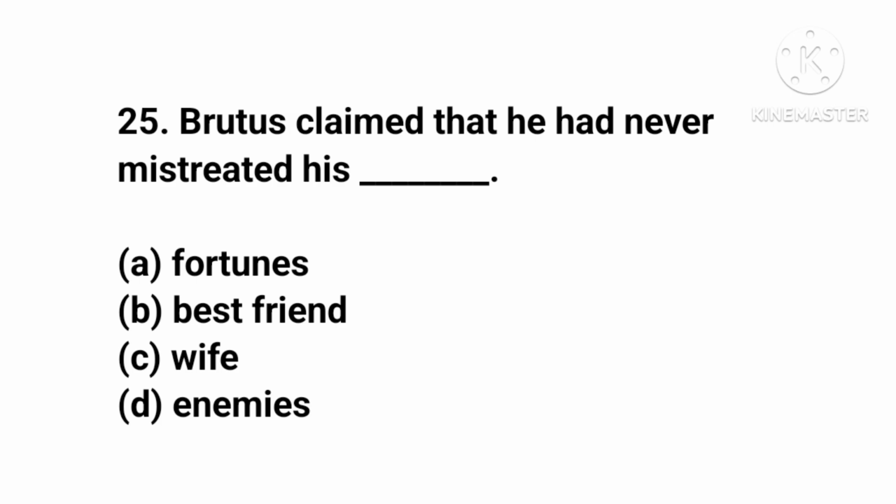Option B, best friend. Option C, wife. Or option D, enemies. So Brutus, he told this to Cassius, that I have never mistreated my what?